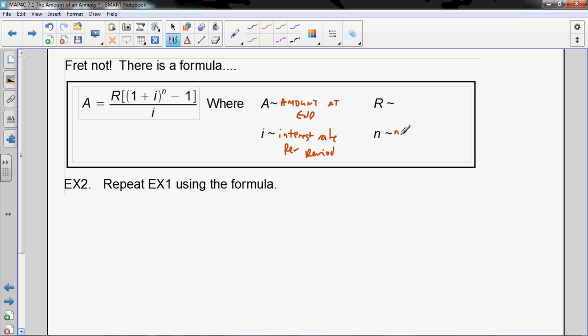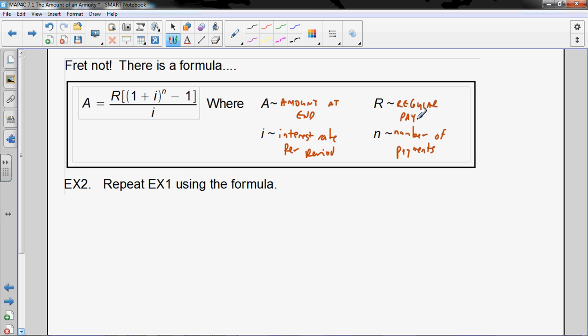N is the number of interest periods, or we could say just the number of payments, because this is a regular payment. And R is the regular payment or the regular investment.